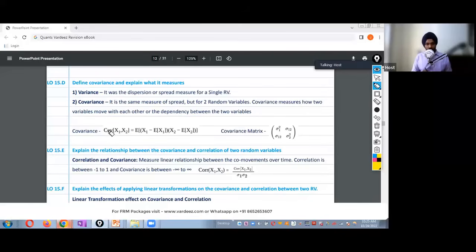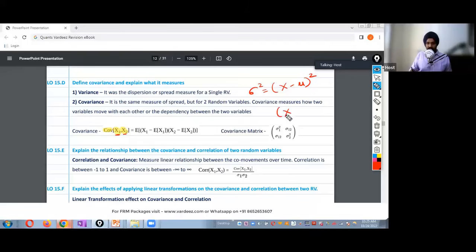Looking at the formula of covariance, if I want to find the covariance between random variable 1 and random variable 2, I can use this particular formula. Remember, what was the formula for variance? Variance was x minus mu, to the power of squared. But now here we have two variables, x1 and x2.